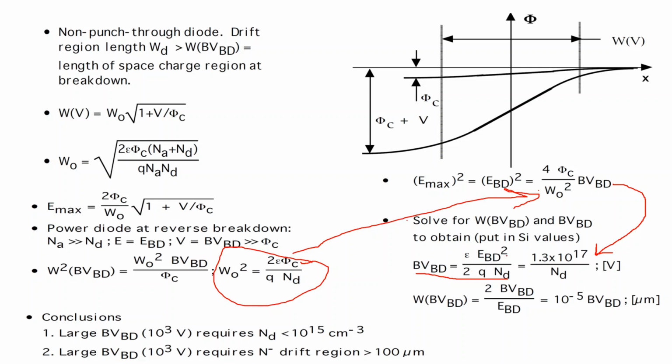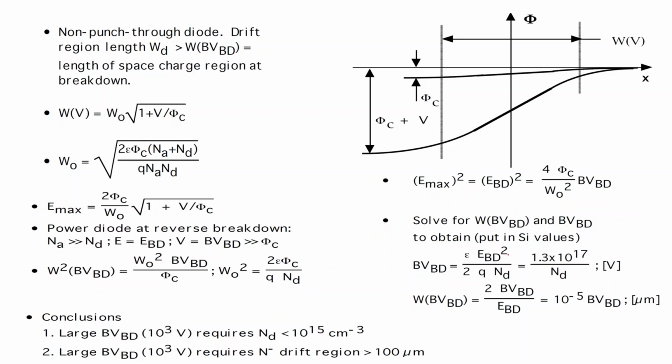Now here EBD is fixed for silicon, so this depends on material, so you can put that value of EBD directly here. Epsilon is also a constant and Q is also a constant quantity. If you put all these values, we get this value of breakdown voltage.